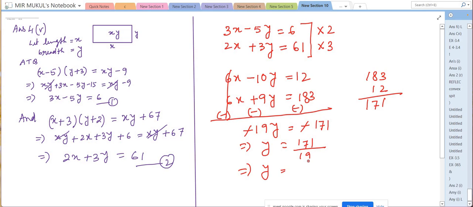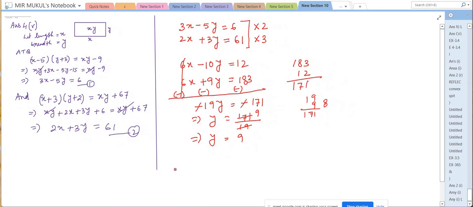9 times 19 is 171, so y equals 9. Now put the value of y in equation 1. 3x minus 5 into 9 equals 6.